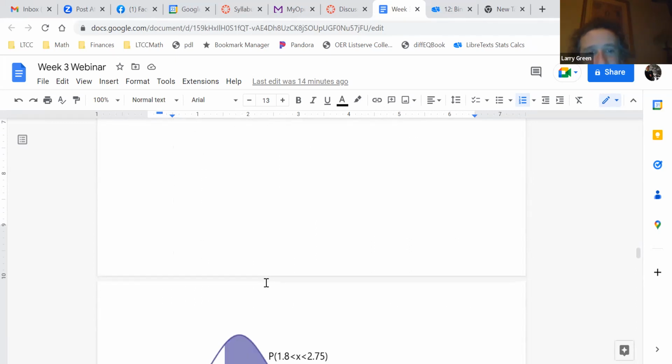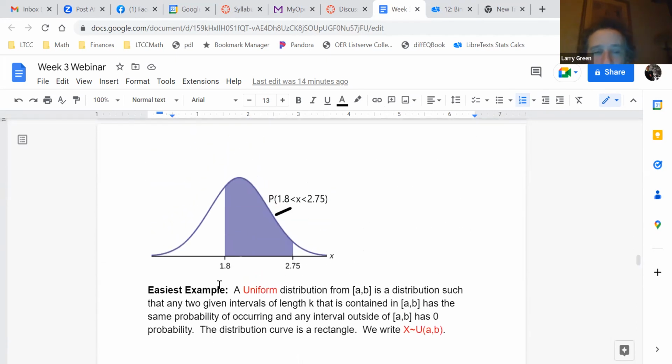Okay, so let's go to continuous distributions. Remember continuous means you're not going to be able to make a probability distribution table. You can't list them all, right? So that's not going to happen. But what you can do is draw a picture. And this is an example of a normal curve, being normally distributed, that is continuous.